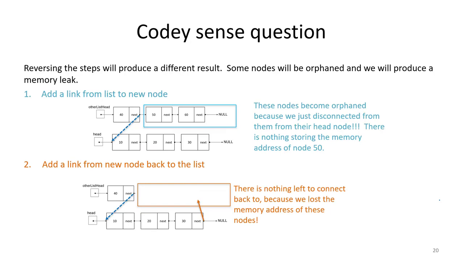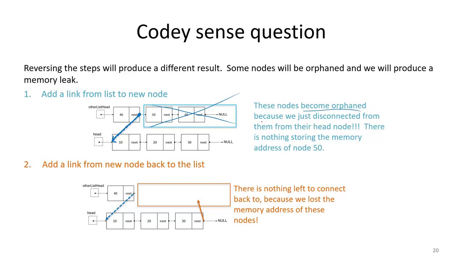If your code sense thought that something was wrong, your code sense would be correct. As we discussed, we definitely need to pay attention to the order of the inserting node steps. Look what would happen if we instead made our next pointer point to the new list. The nodes 50 and 60 would be abandoned.